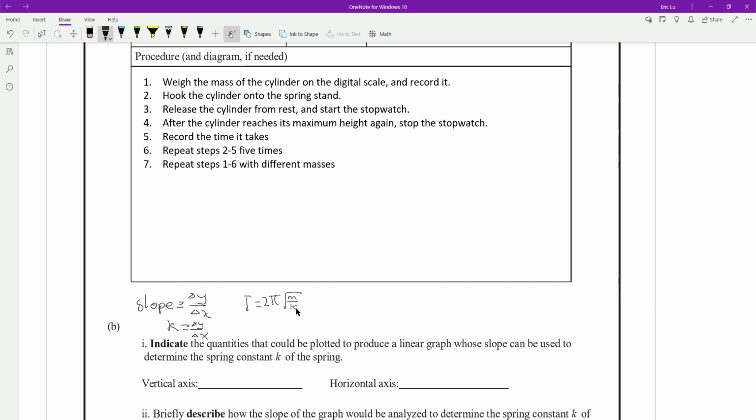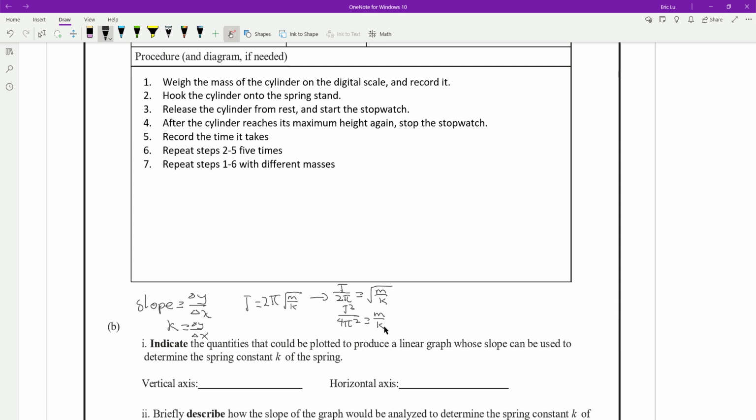to solve for k. Well, first off, what I want to do is divide both sides by 2 pi. So T over 2 pi equals root m over k, and I would square both sides. T squared over 4 pi squared equals m over k.